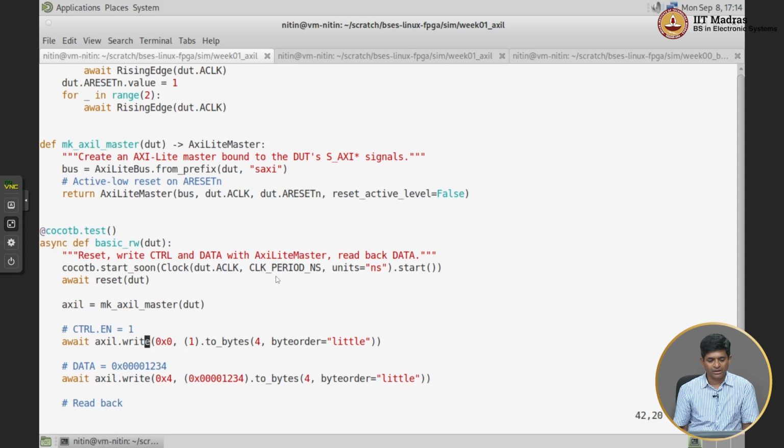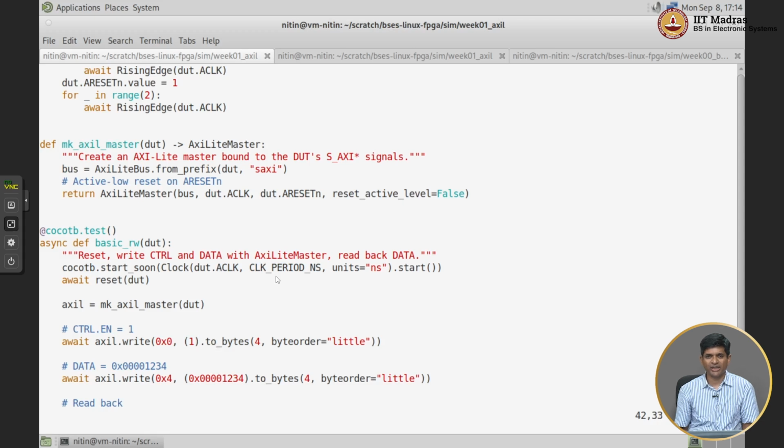Okay. I give it the address 0, and this part looks a little complicated, but basically what it's saying is: take the integer value 1 and convert it to a 4-byte value. That is what this 1.2 bytes is.